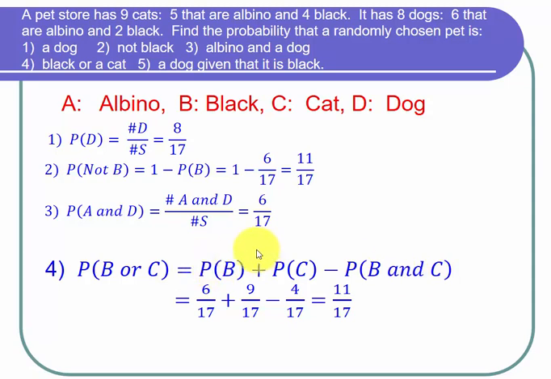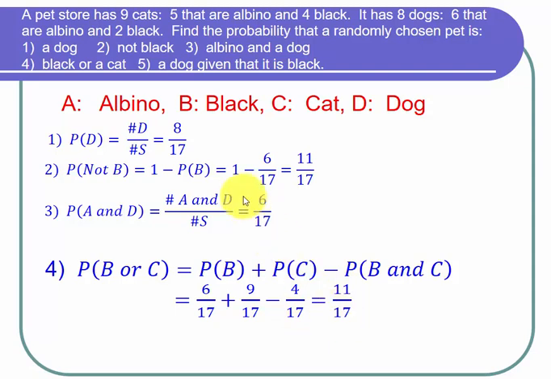The probability of B we already found out was 6/17. For the probability of C, that's the total number of cats. There were 9 cats out of 17, so 9/17. The probability of B and C, those are the black cats. And there are 4 black cats, so that's 4/17. So now 6 over 17 plus 9 over 17 minus 4 over 17. I did the arithmetic, and I got 11/17.